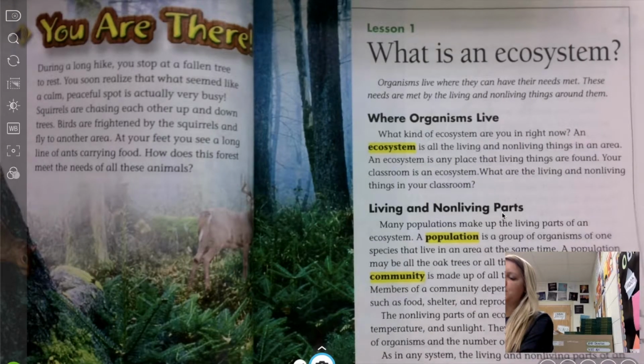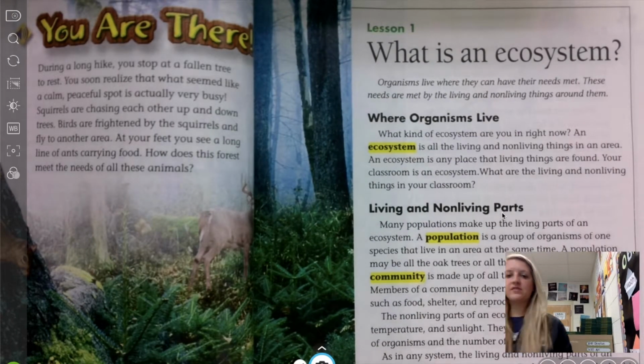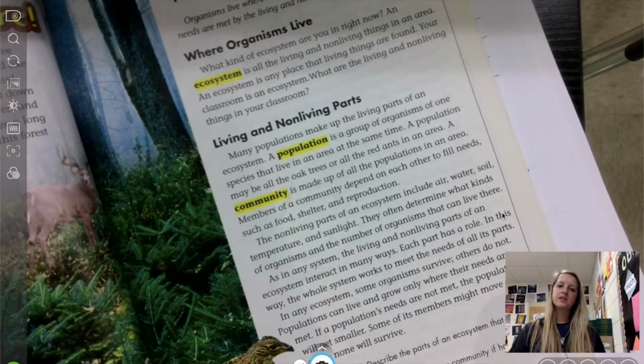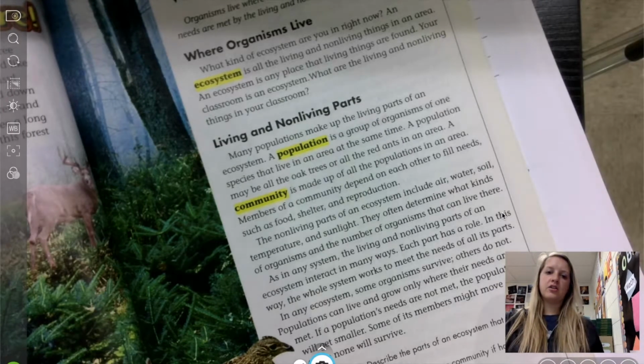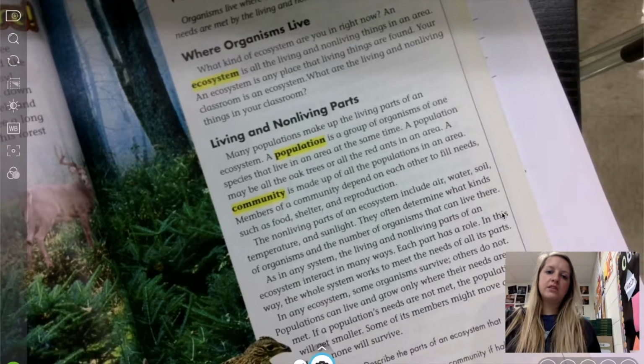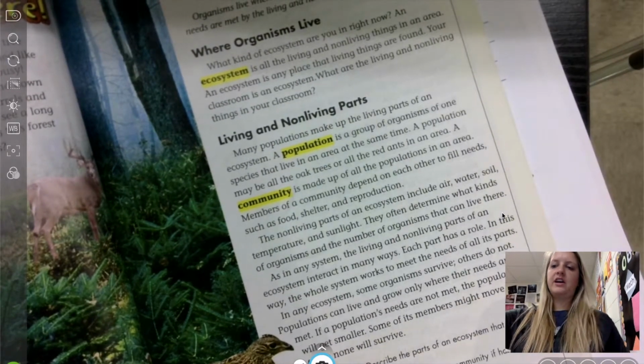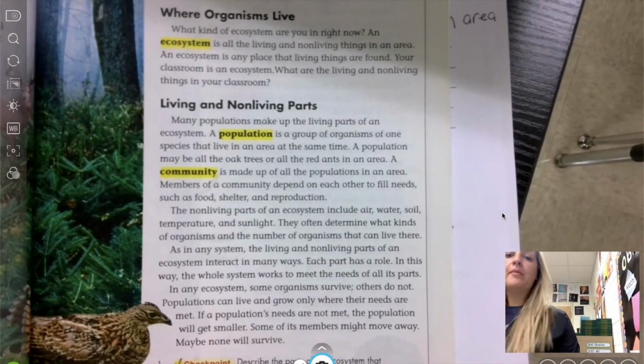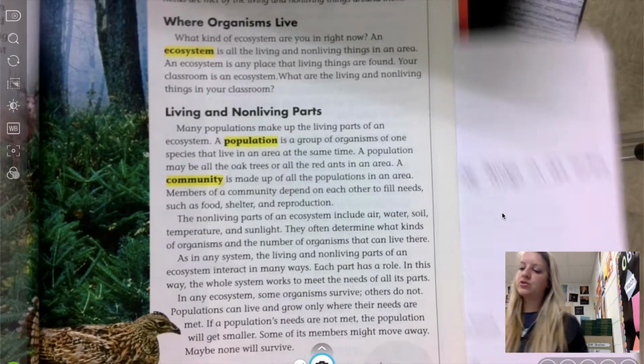We're going to keep reading in living and non-living parts. Many populations make up the living parts of an ecosystem. A population is a group of organisms that are of one species that live in an area at the same time. So right away, I'm just going to write that down on my notes so that I can have that down.